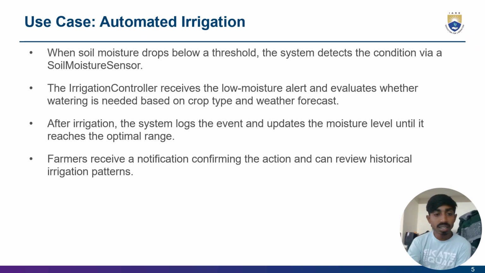After irrigation, the system logs the event and updates the moisture level until it reaches the optimal range. Farmers receive a notification confirming the action and can review historical irrigation patterns.